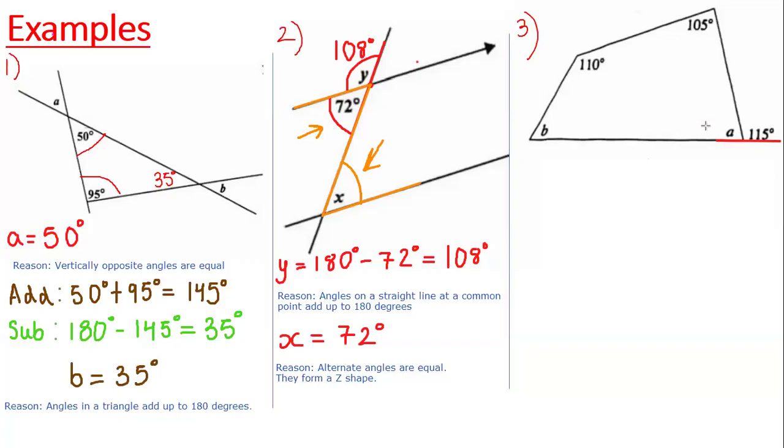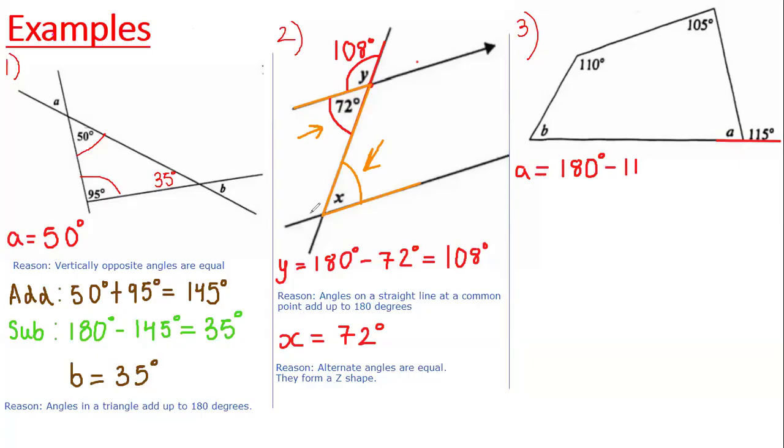All right, so how are we going to get A, class? What I did was, since the angles on a straight line at a common point add up to 180 degrees, I just said 115 taken away from 180 degrees. Do you agree with that? 180 minus 115? Yes, sir.